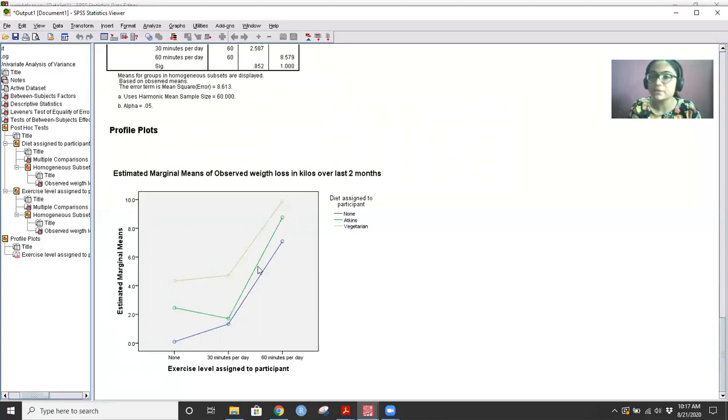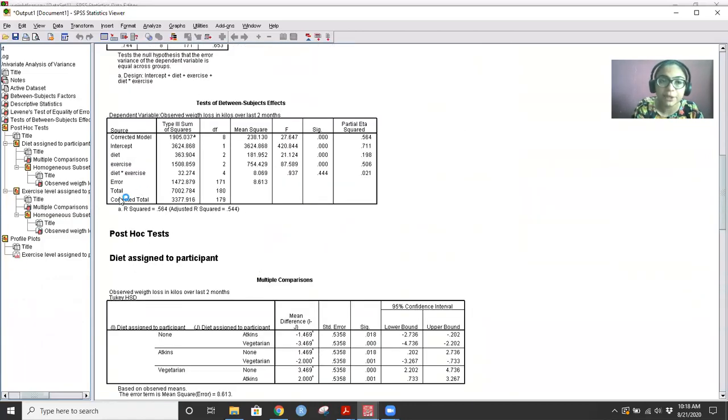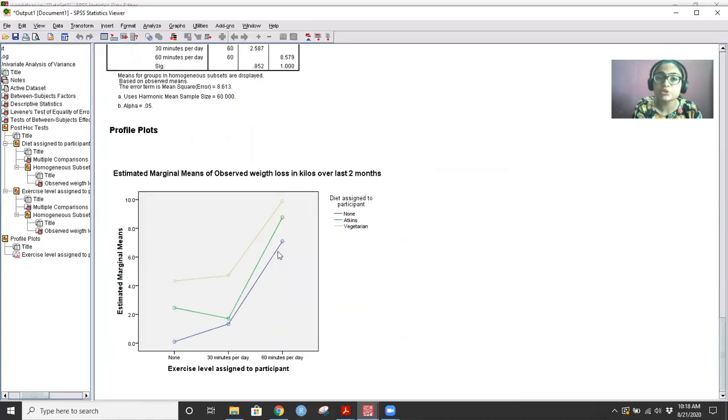In the earlier lecture I taught you that this particular interaction of diet and exercise is not present in our model. If it were present, firstly, it would have been statistically significant. It did not come out. Secondly, there should have been an intersection of the lines. That would have meant that there indeed is an interactive effect. It's not there in our model.